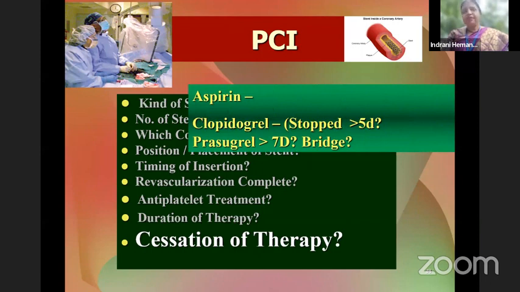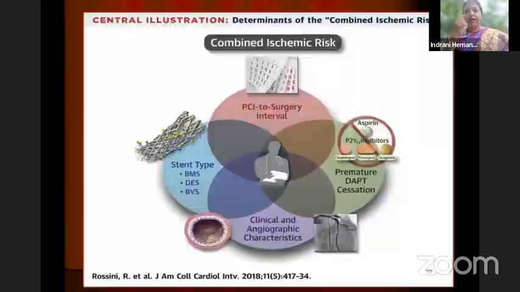Because resistance can be found out by doing platelet aggregation tests, etc. Is there any cessation of therapy, whether clopidogrel was stopped 5 days before and prasugrel 7 days before, or is the patient on bridging therapy? All these questions have to be asked, and a combined ischemic risk based on all the history which we just elicited has to be taken.